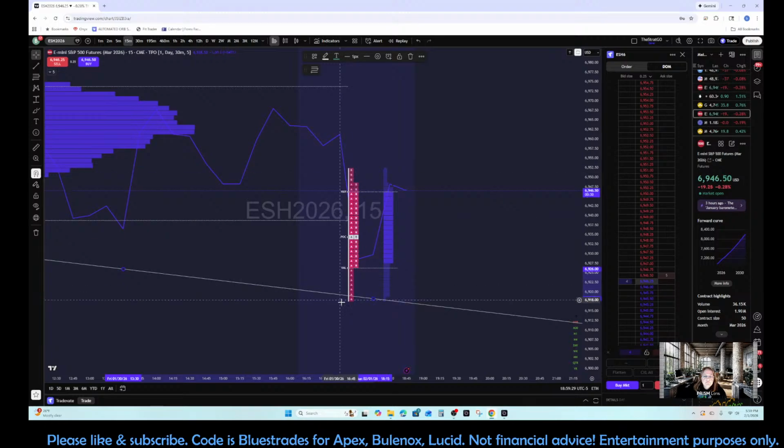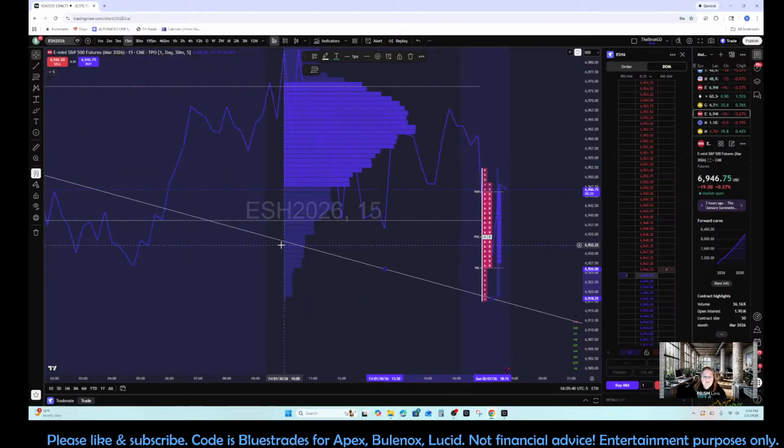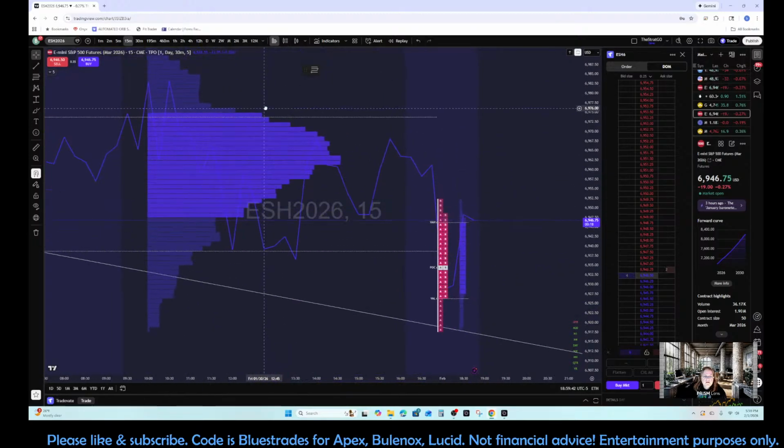So we had the first opening candle. Again, you can see where your value area high, value area low, and point of control is. As far as the order flow goes, you can see this is the volume profile. You can see where the majority of the volume took place last week, or the 15-minute on Friday.